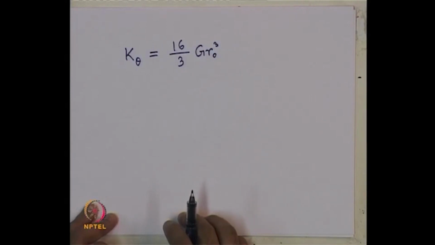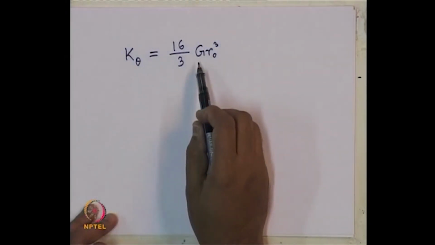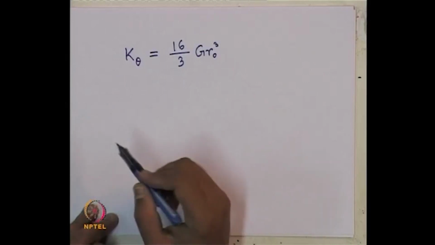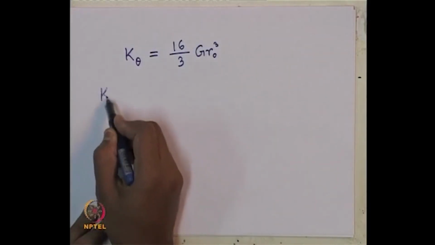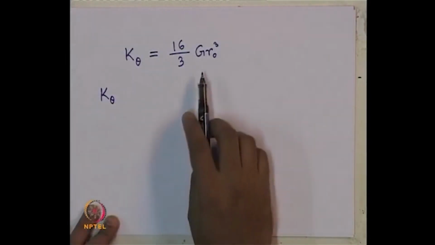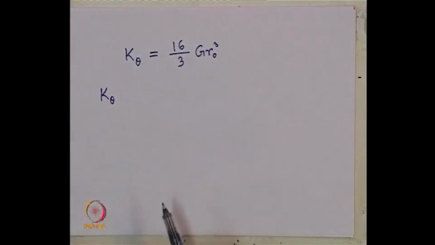K theta can be calculated knowing the soil shear modulus and radius of equivalent circular footing. One observation you can note, in this case it is not a function of Poisson's ratio of the soil, unlike the vertical, sliding and rocking modes of vibration.